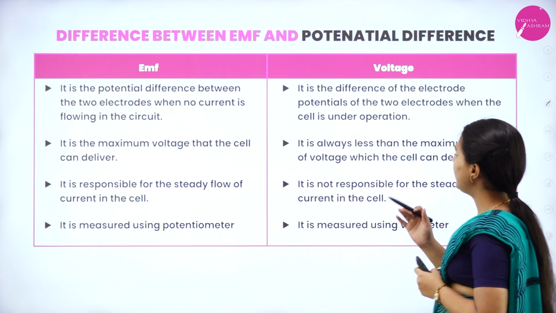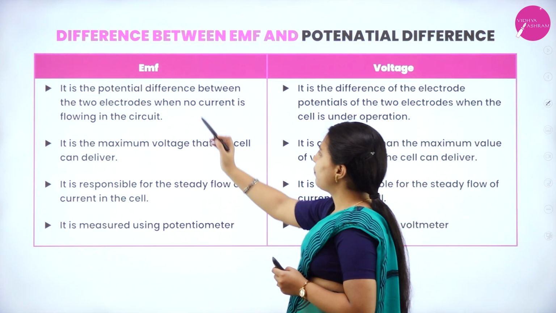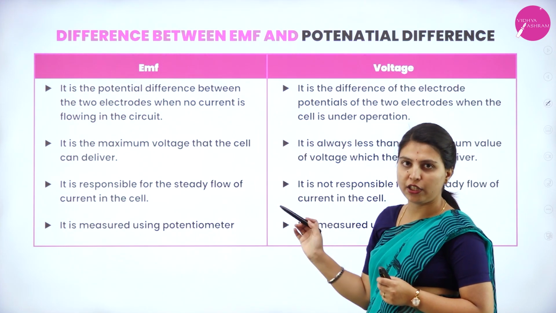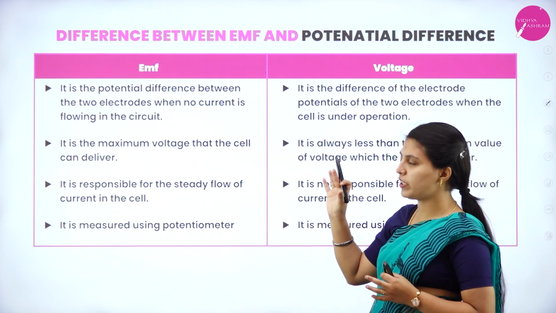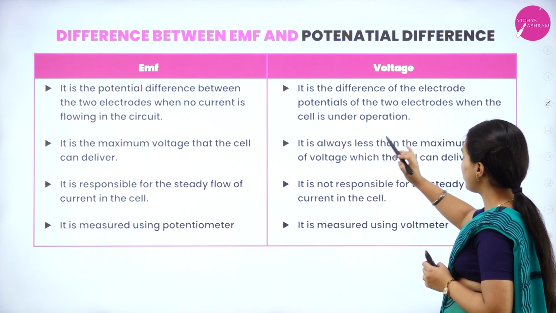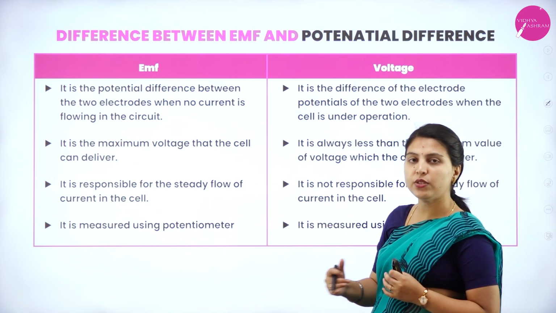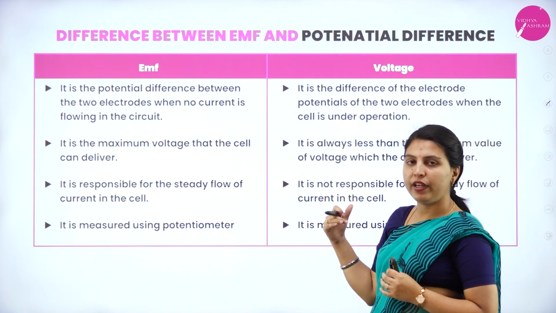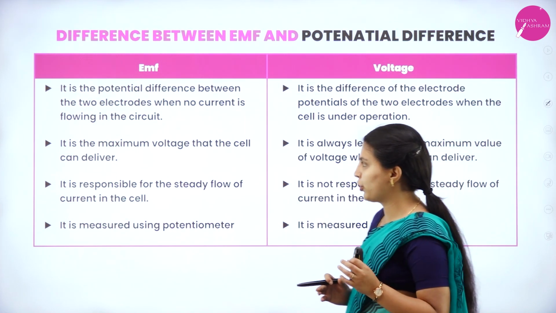Next, the difference between EMF and potential difference, that is voltage. EMF is the potential difference between two electrodes when no current is flowing in the circuit. Whenever no current is flowing in the circuit, that potential difference is considered as EMF. Voltage is the difference of the electrode potentials of the two electrodes when the circuit is under operation. Whenever it is not under operation, that is considered as EMF, electromotive force.